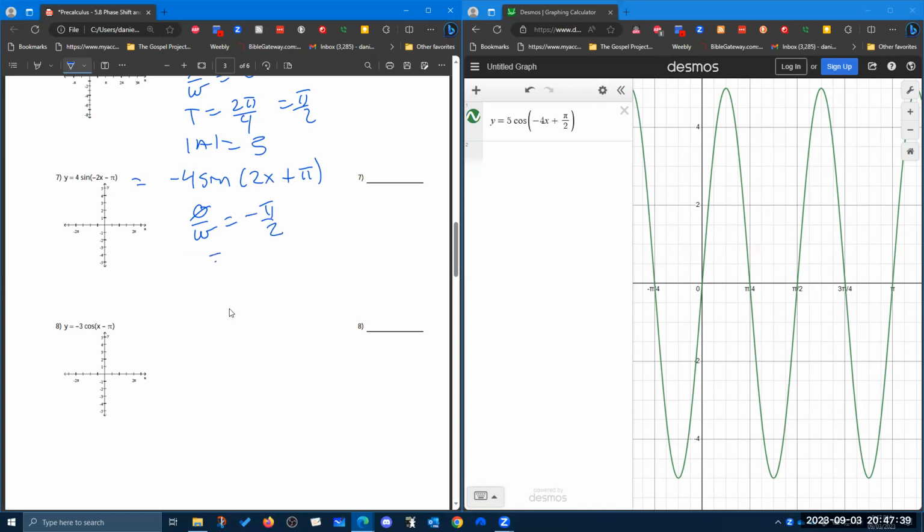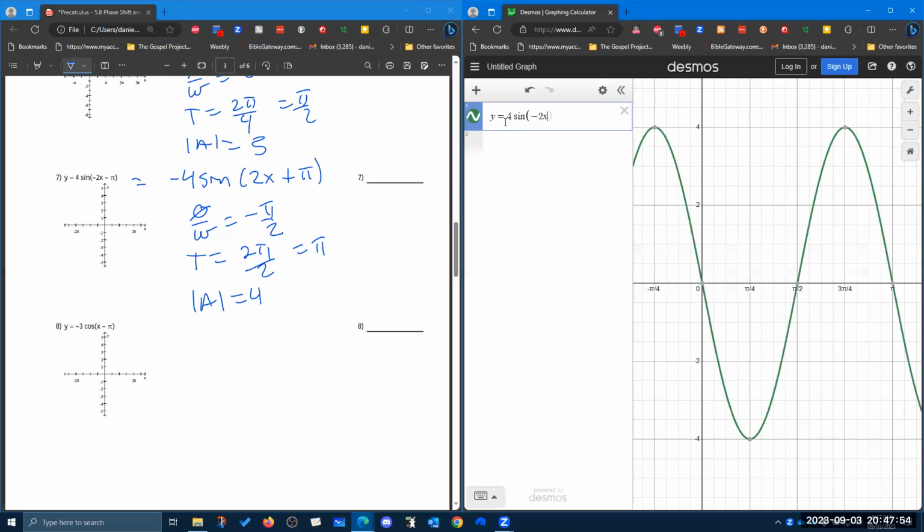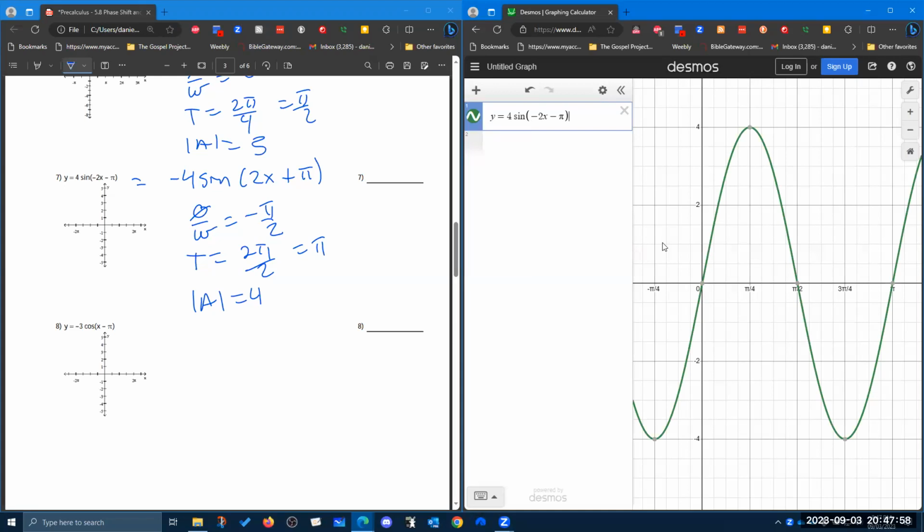That makes our period 2 pi over 2 is pi, and our absolute value of A is going to be 4. Let's take a look at this graph. Like so. Oh, that looks a whole lot like a compressed sine graph to me.